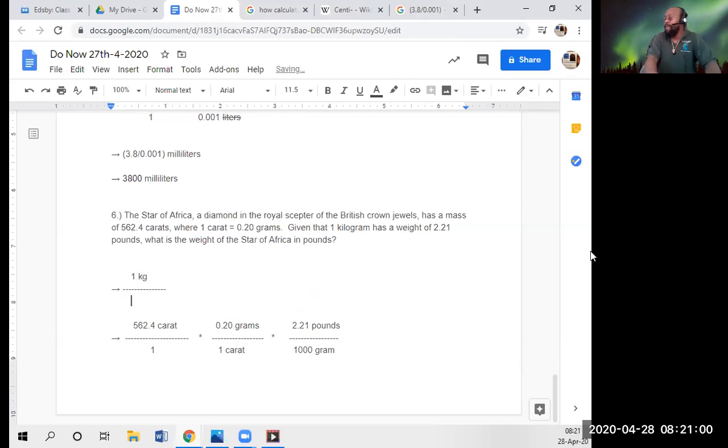And how many grams are in 1 kilogram? That's the conversion, right? So in 1 kilogram, that's 1,000 grams. Now, how does that convert? Well, you simply put what you want in the bottom and convert it.